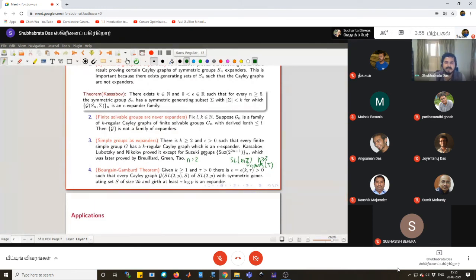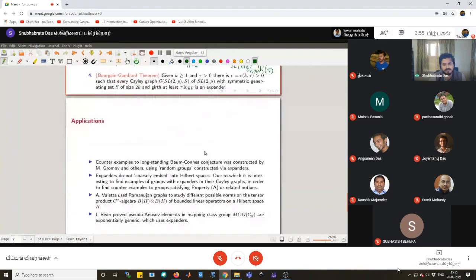In applications, my interest in expander graphs stems from something called property A, which talks about coarse embedding of Cayley graphs of groups inside Hilbert space. That means uniform embedding.